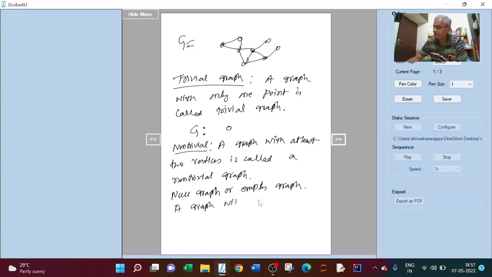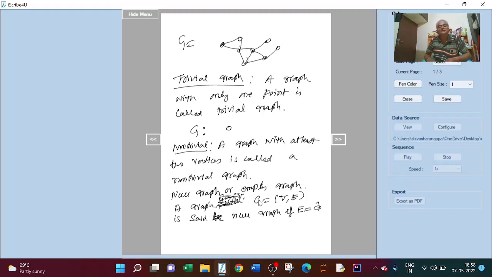A graph G equal to (V, E) is said to be a null graph if the edge set is empty, that is, without edges. If there are no edges, then you say that it is a null graph or empty graph.